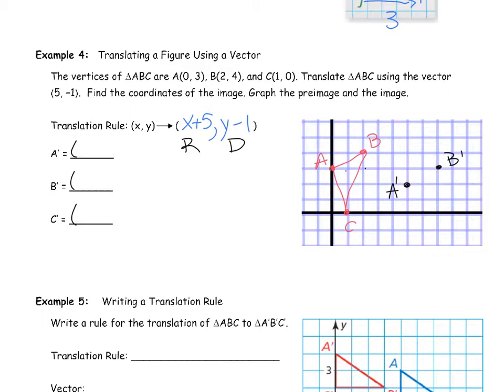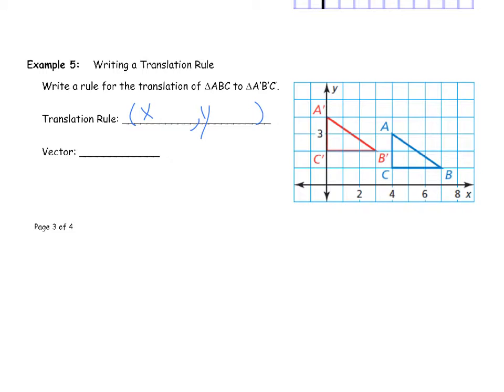And C, same thing. 1, 2, 3, 4, 5 to the right, and down 1. C prime. That would be our image. So those coordinates are 5, 2 for A prime, B prime is 7, 3, and C prime is 6, negative 1.